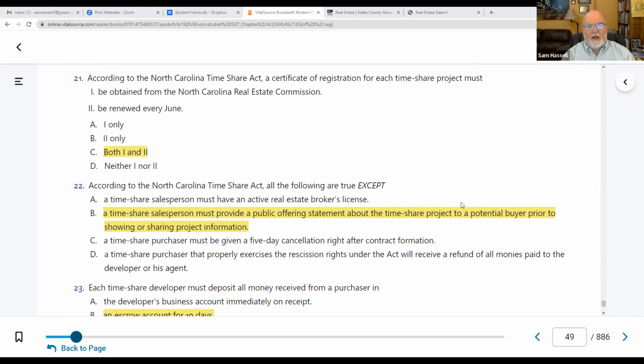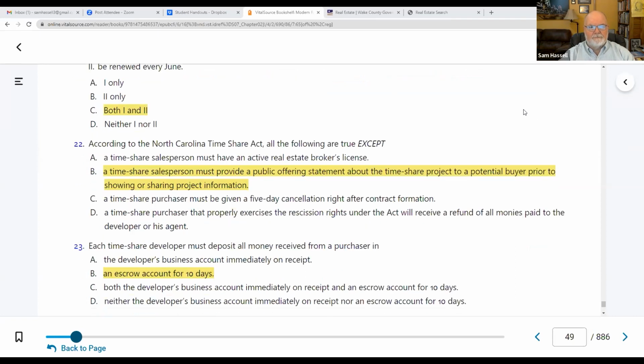And this is the reason why the North Carolina Real Estate Commission can fine these timeshare developers, because they don't do this registration and they need to do it every year. And it is a $500 fine per violation. So you can figure out how much that could cost if they don't do it at all, right? Gets a little bit expensive. So they have to put that registration together, the certificate of registration, who bought it, who sold it, all of those things.